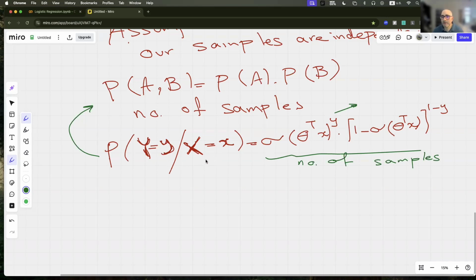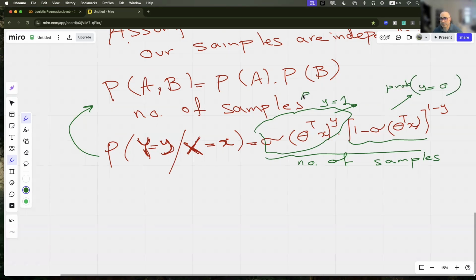For another sample, the target is 0, or the person doesn't have cancer, it's benign. In that case, we find the probability when y is 0. This part is the case where y is 1, and this is where y is 0. So that's where you calculate that, the probability for the case of y is 0, and the probability for the case of y is 1, to give you the probability.